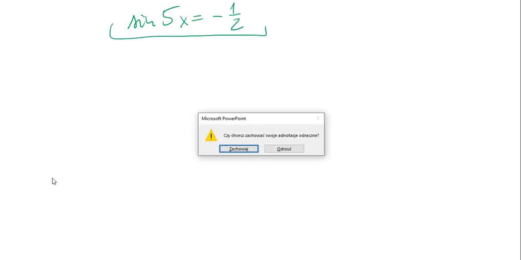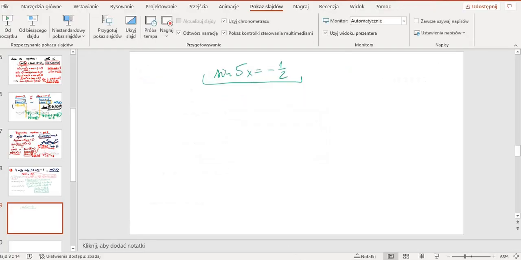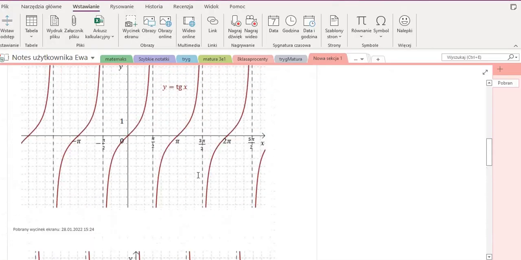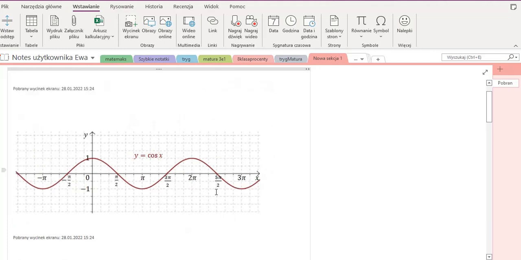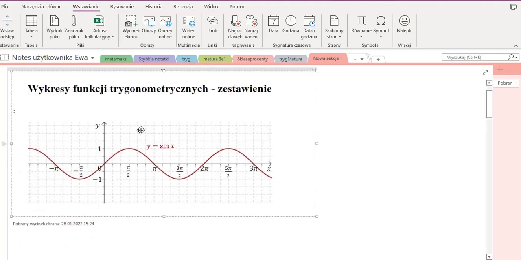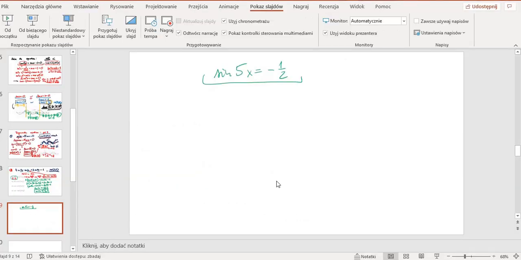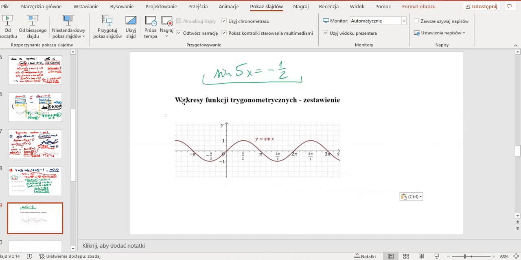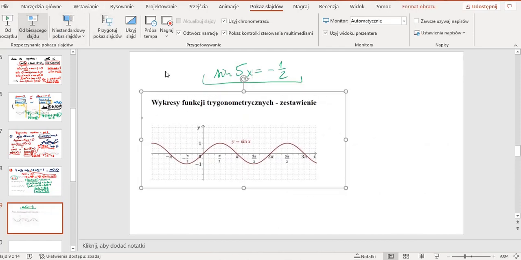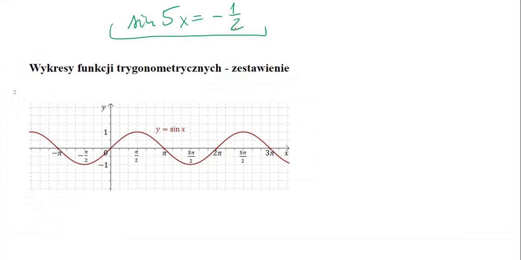And we need another function. We need sine x. So let's take sine x now. Right, so we have the function. And here we have 5x, not x, so we have to be very careful with this part.